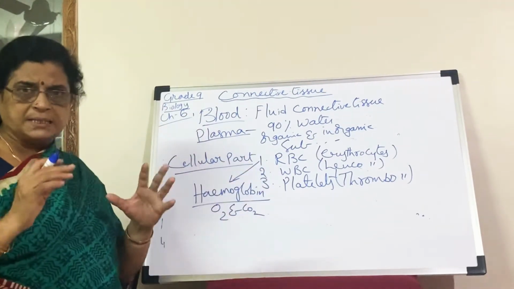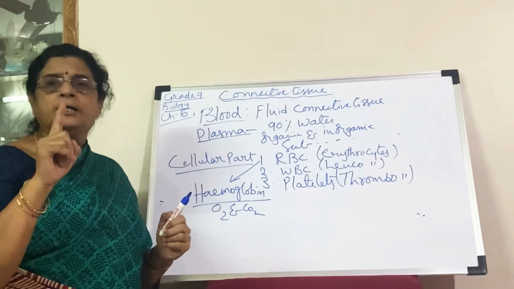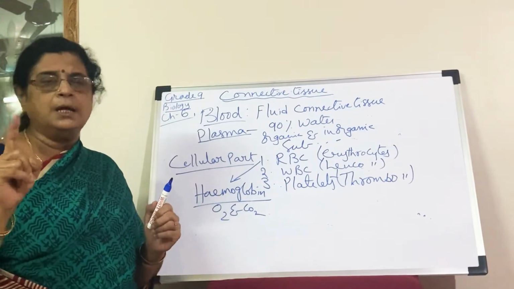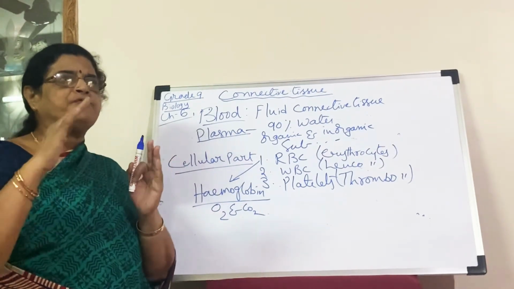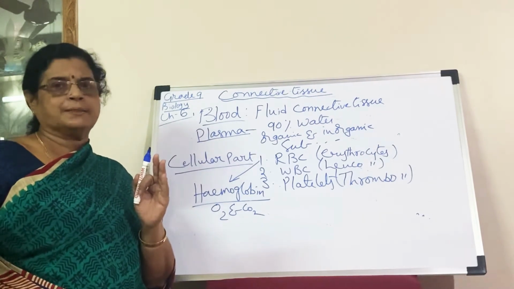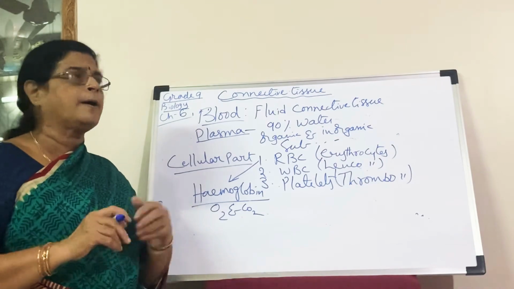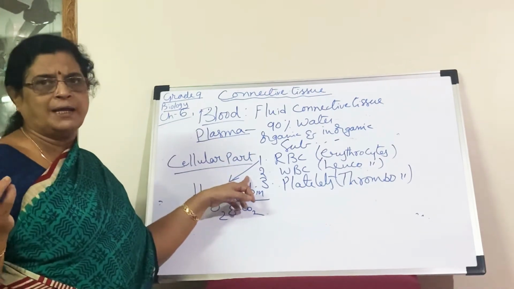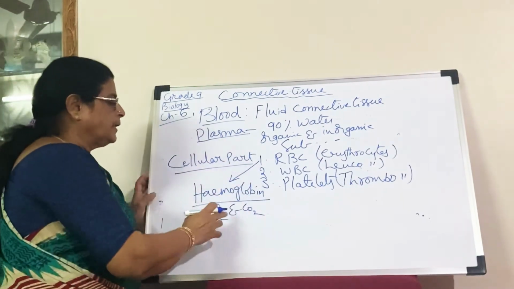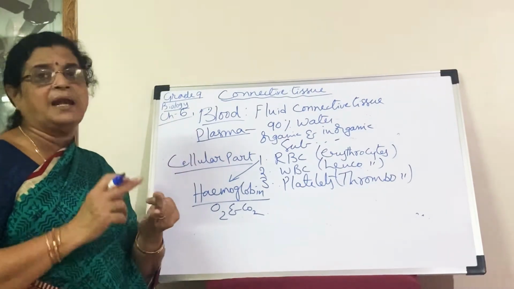The RBC number in 1 cubic millimeter might be 4 to 5 lakhs and above; the range is 40 lakhs to 50 lakhs. But again, it is different in male and female.